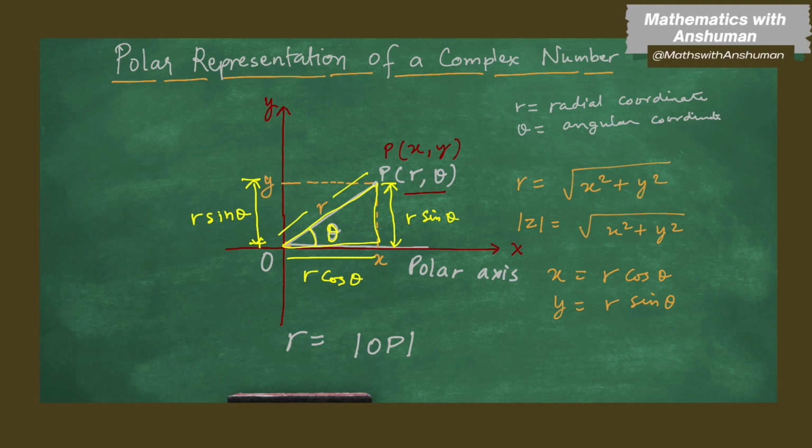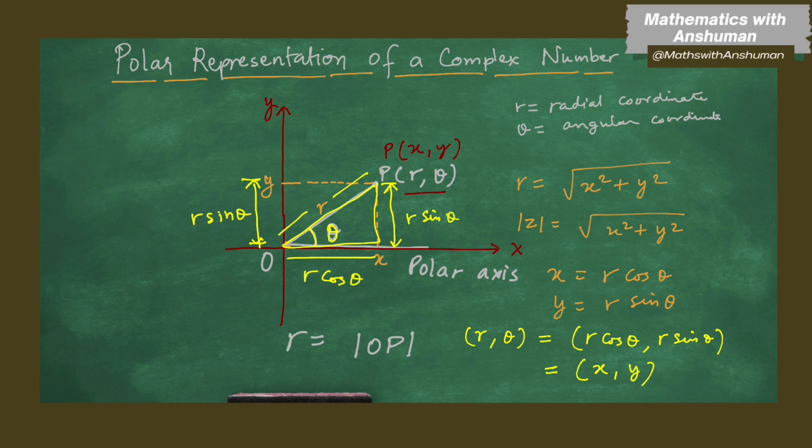So if in polar coordinate a point is given by r and theta, that simply means it is (r cos theta, r sin theta) in Cartesian coordinate system, and that is our (x, y).